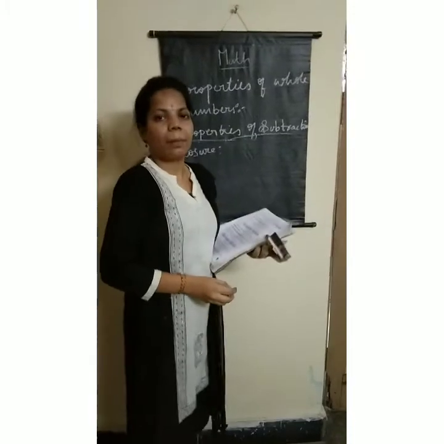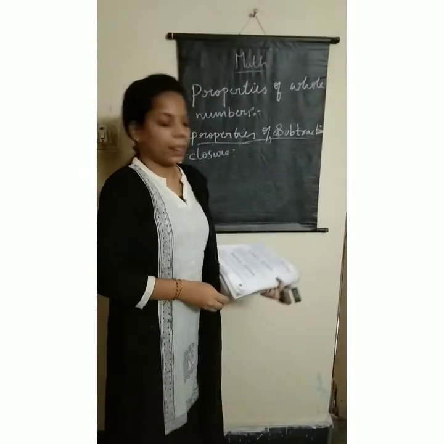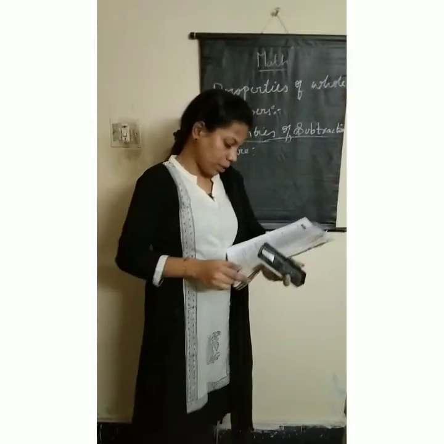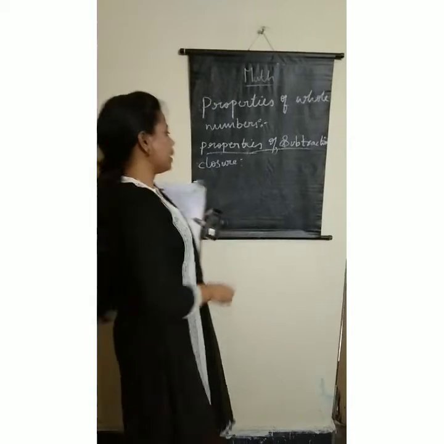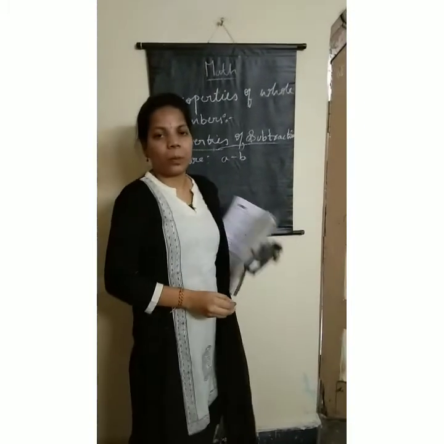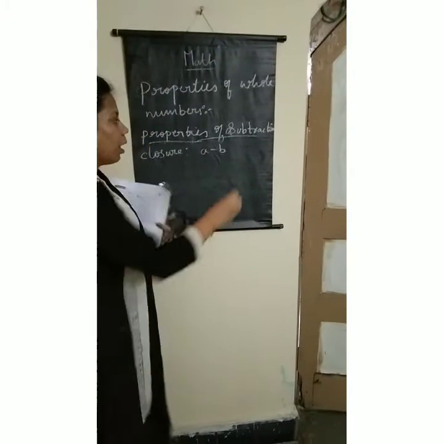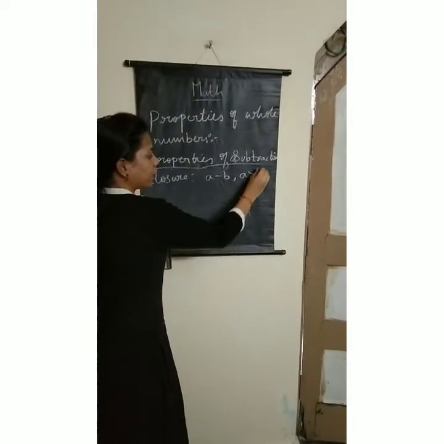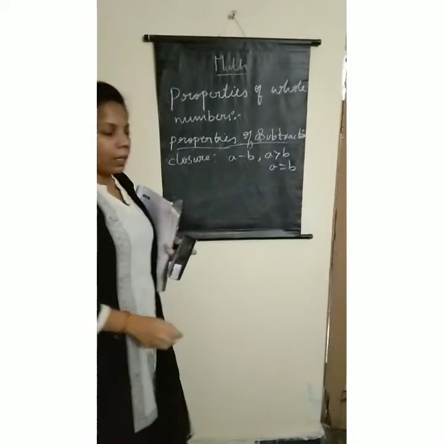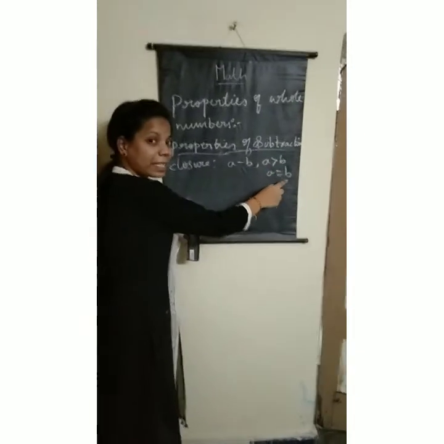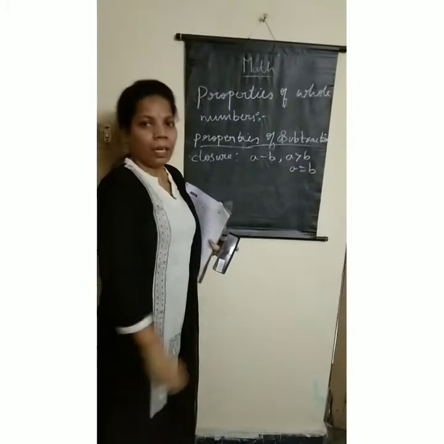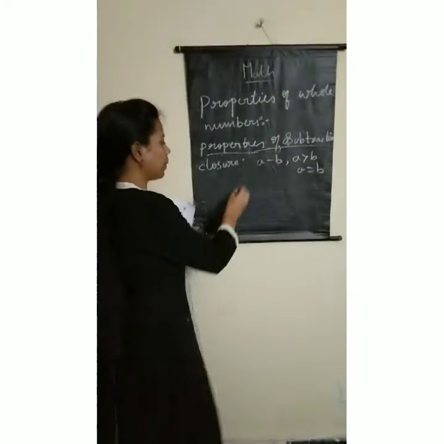Again, if A and B are two whole numbers, then A minus B may not always be a whole number, until A is greater than B or A is equal to B. Only then is A minus B a whole number. Let us take an example.